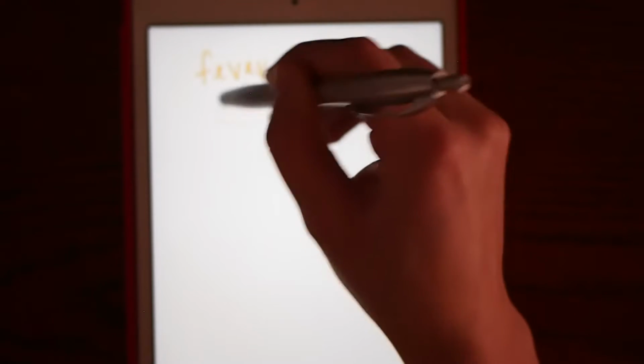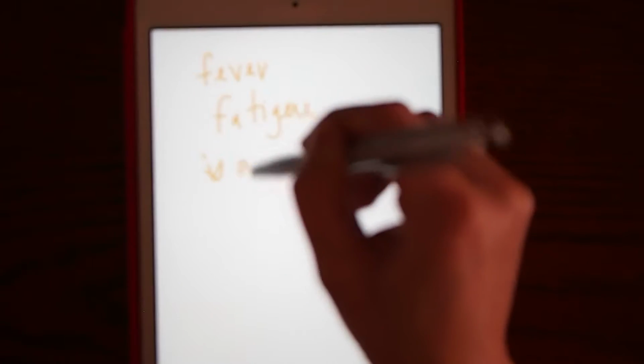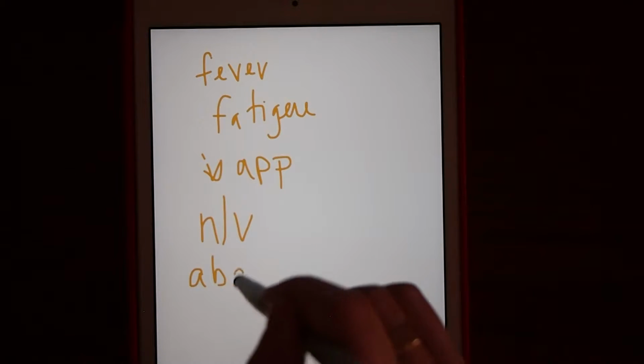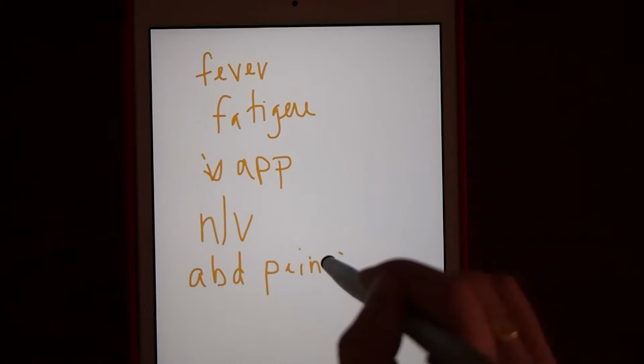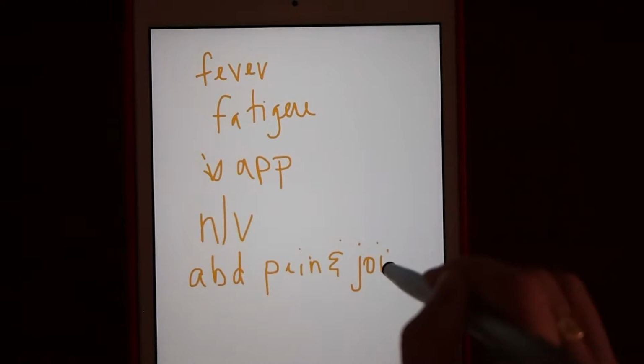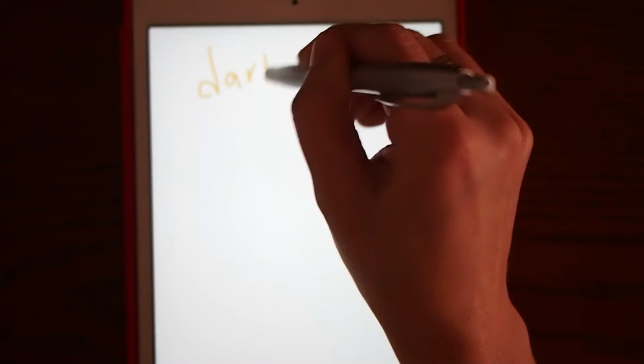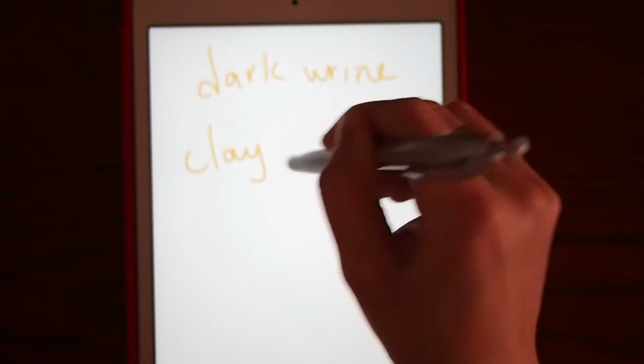So, symptoms include fever, fatigue, decrease in appetite, nausea, vomiting, abdominal pain, and joint pain, as well as, before seeing jaundice, a darkening of the urine and clay-colored stool.